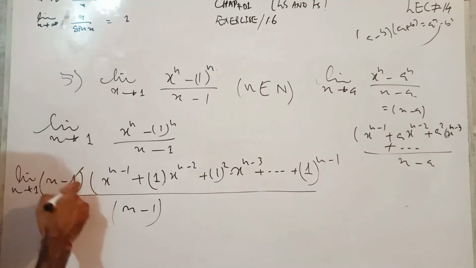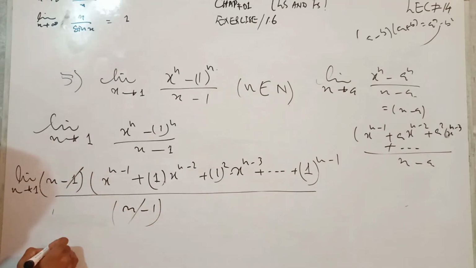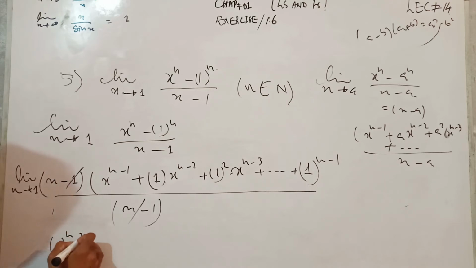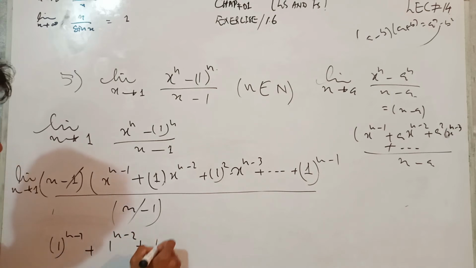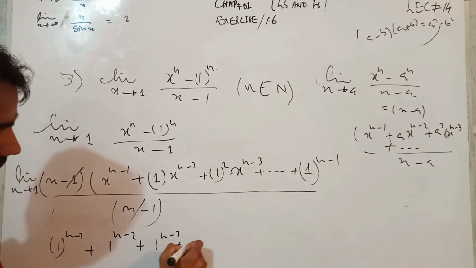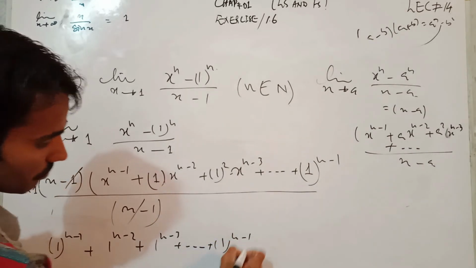Now these both will be cancelled out to each other. Now we will apply the limit. When we put 1 in place of x, we get 1 power n minus 1 plus 1 power n minus 2 plus 1 power n minus 3 plus up to 1 power n minus 1.